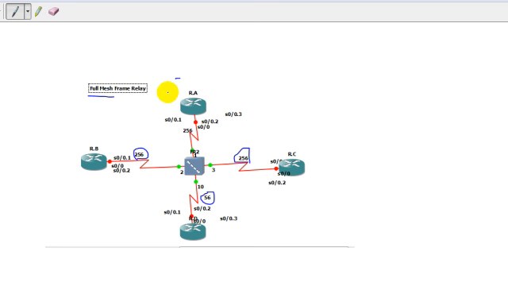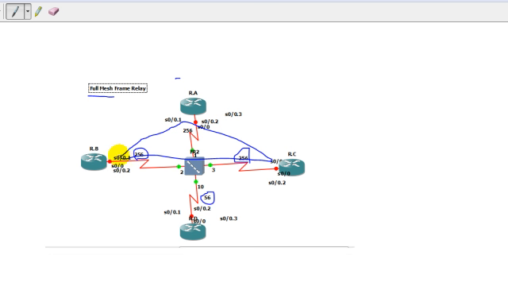I want to use it like this. Look at this. I have serial 0.1 here, which I want to connect with serial 0.1 of router B, and serial 0.1 of router A, and also router C with serial 0.1. This is the multipoint configuration.